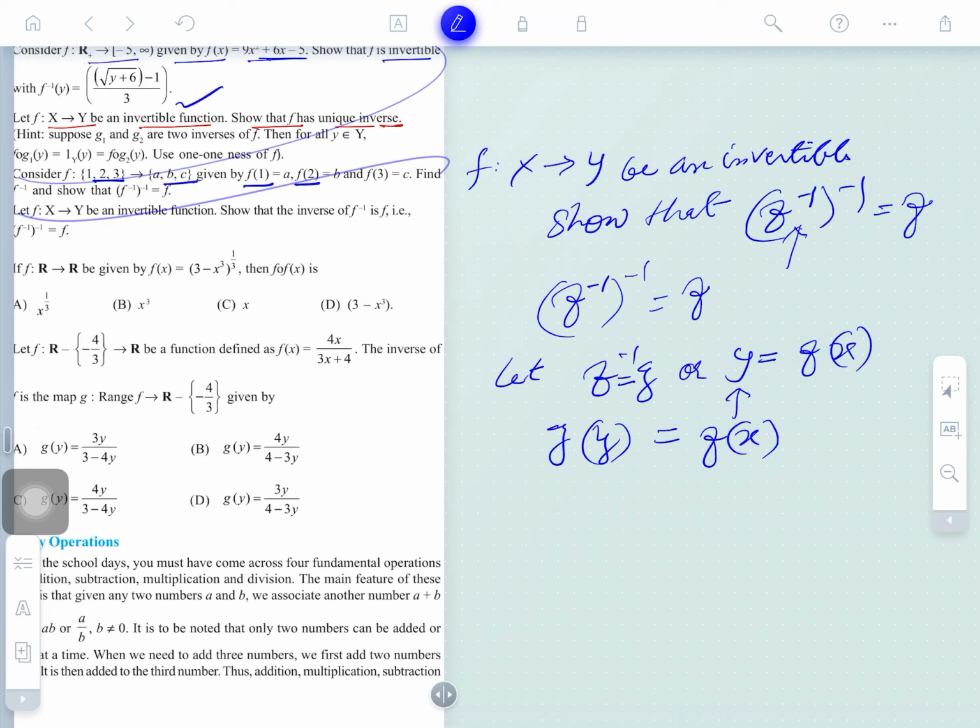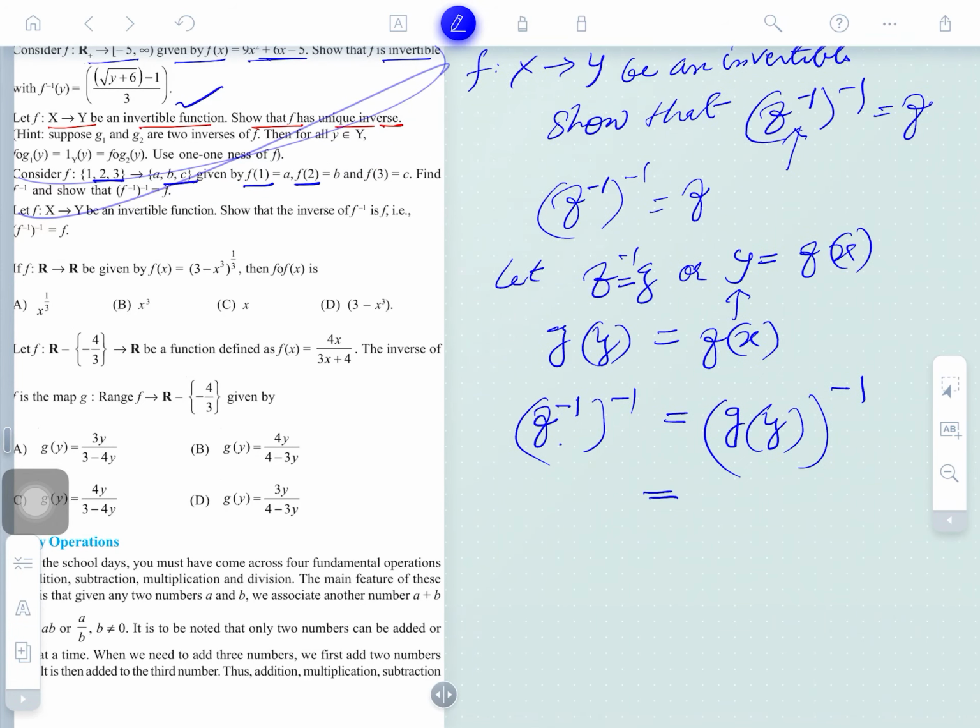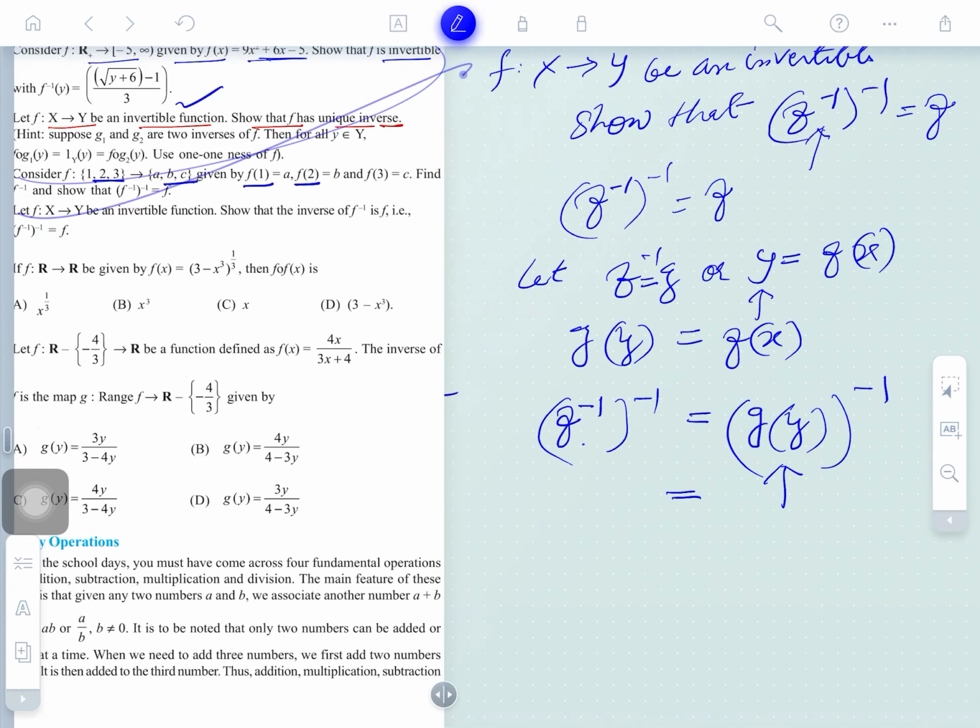You just understand here. So we have to prove the inverse of f inverse. What is f inverse? f inverse is g of y, as you may see, and its inverse again. And g of y is what here? g of y, you may see, is f inverse.